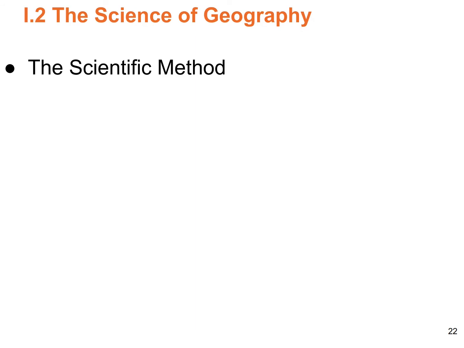So a big part of geography is it's science, and we use the scientific method. And the scientific method is a tool to find out what's true and what isn't true. So in order to use the scientific method on something, you have to be able to prove that it's true, or you have to be able to prove that it's false.